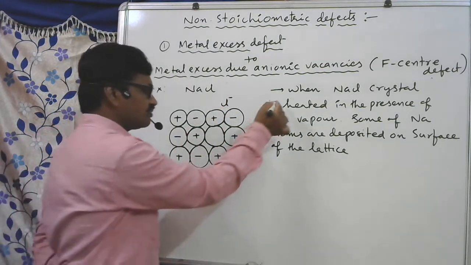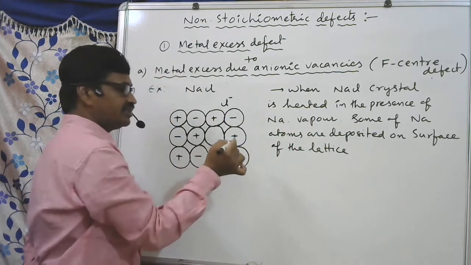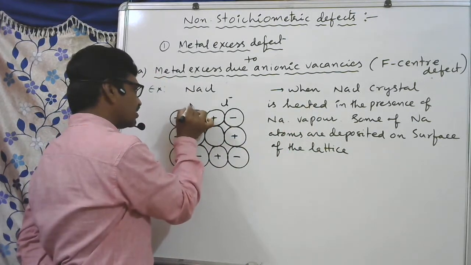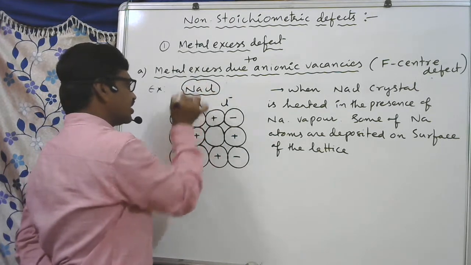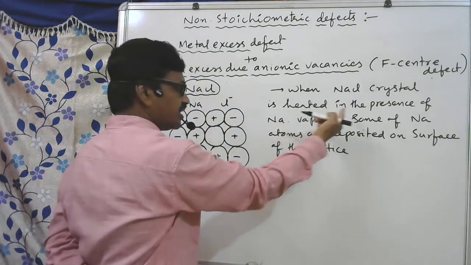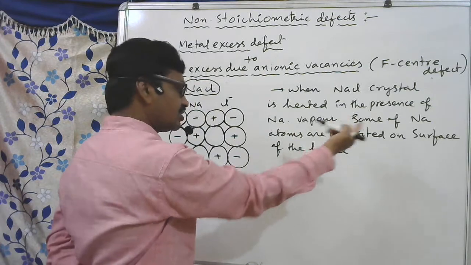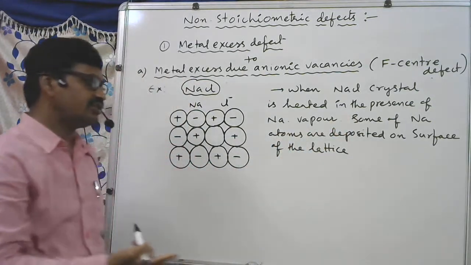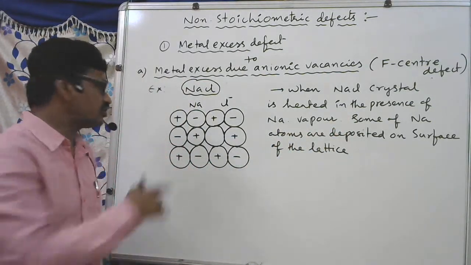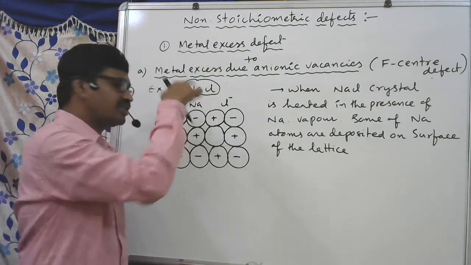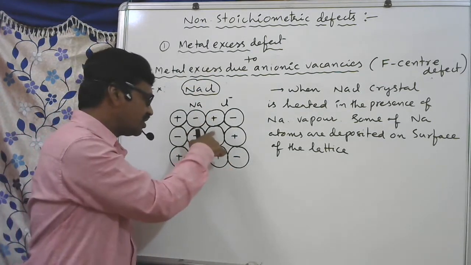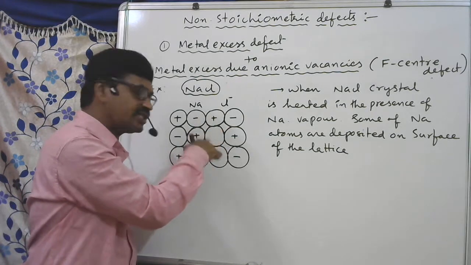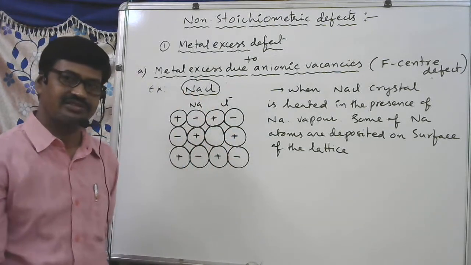At the surface, as per this statement, some sodium ions are deposited here. When sodium chloride crystal is heated in the presence of sodium vapor, some sodium atoms are deposited on the surface. So some sodium atoms are present here on the surface, and because of this heating, Cl minus ions also leave their original site and move to the surface.